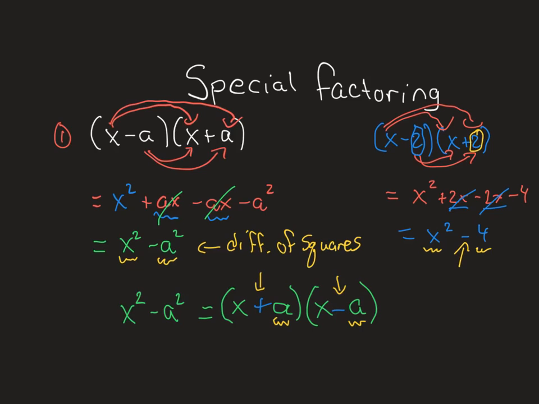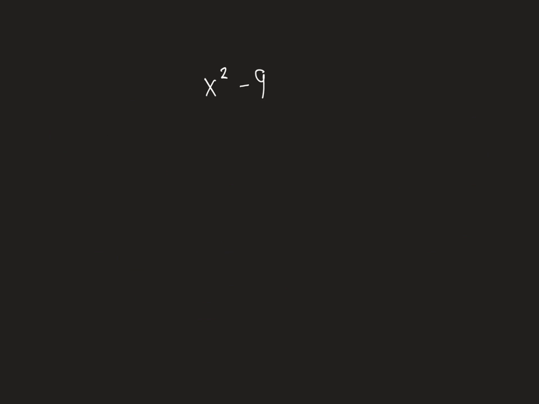Let's do another example of this just so that we can get our hold on this. So in this other example here, we have x squared minus 9. When we're doing these type of questions, you're always trying to look for perfect squares. You want to say, is this one a perfect square, and is this one a perfect square? Well, x squared is definitely x multiplied by x. So it is the same thing multiplying itself.